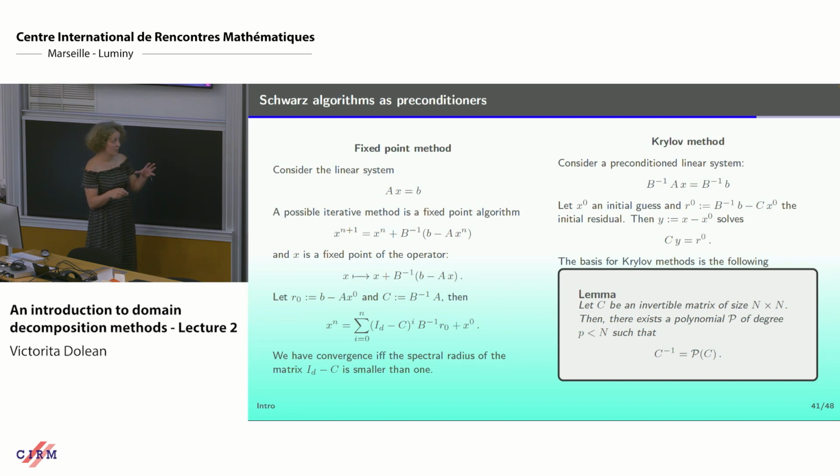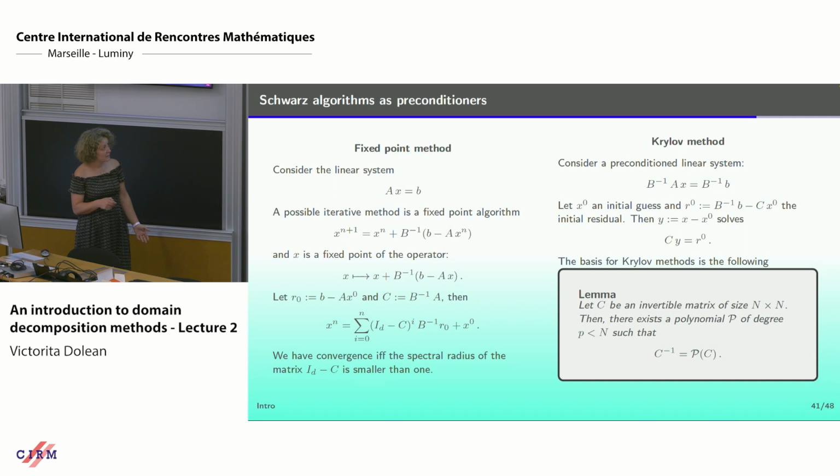So you forget about all the Schwarz iterations, the alternating version, the parallel version, and you just keep the preconditioner part: the blocks of the matrices, the restriction operators, and the partition of unity. If you have all these objects, you have a preconditioner for free.